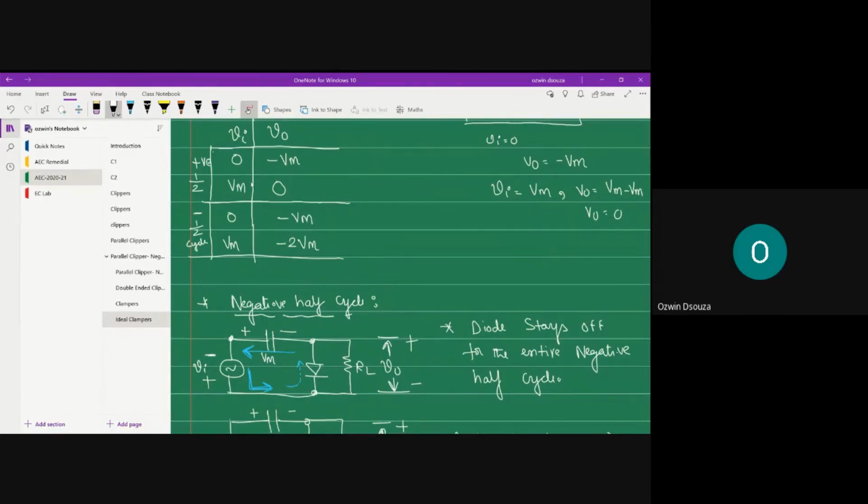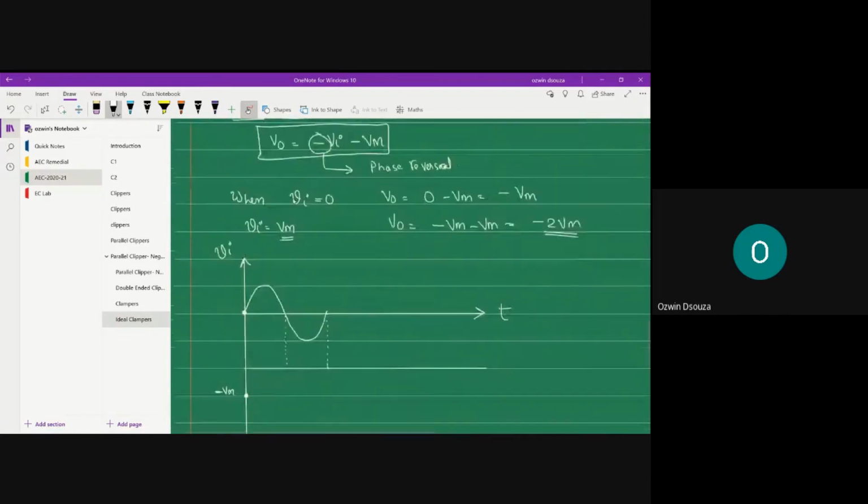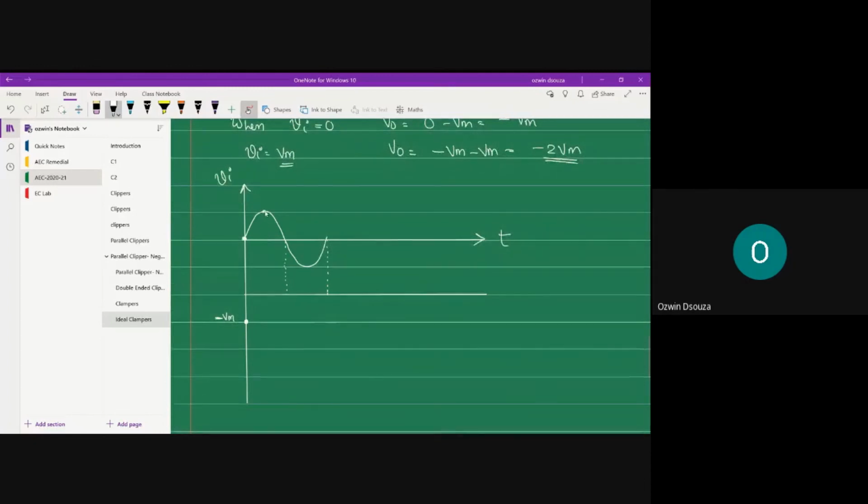And when your input attains positive maximum, your output attains 0 voltage. Similarly, when your input becomes 0 volt, the output stays at minus Vm volts. So that's your output.